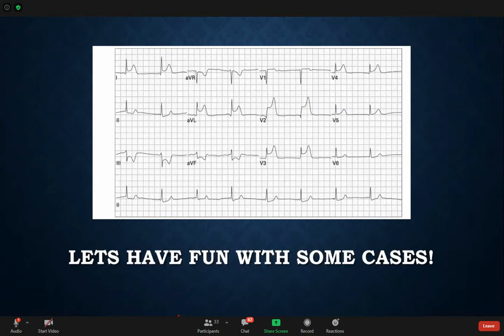At V2 and V3, there is an elevation, ST elevation. And at AVF, there is a depression. Okay. And AVL, elevation. There is a mild depression at AVR, but I don't think we consider it a depression.